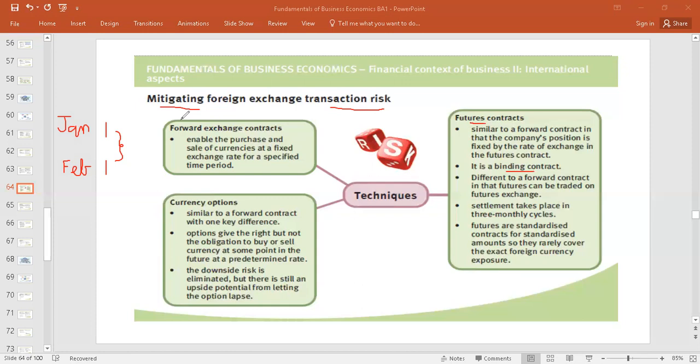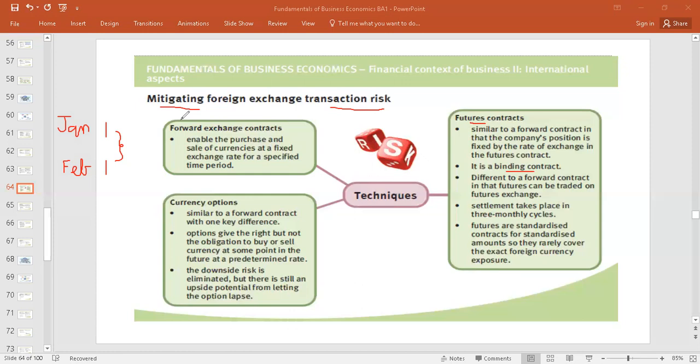In that case, if one of them defaults, there is no help which he can get from any legal entity, because they have not involved any market or any regulatory authority or any kind of a body to help them in case of a default. So here we see that in case of forward contracts, the default is quite high, breach of trust is quite high. They are fulfilled based on mutual trust, that's it.